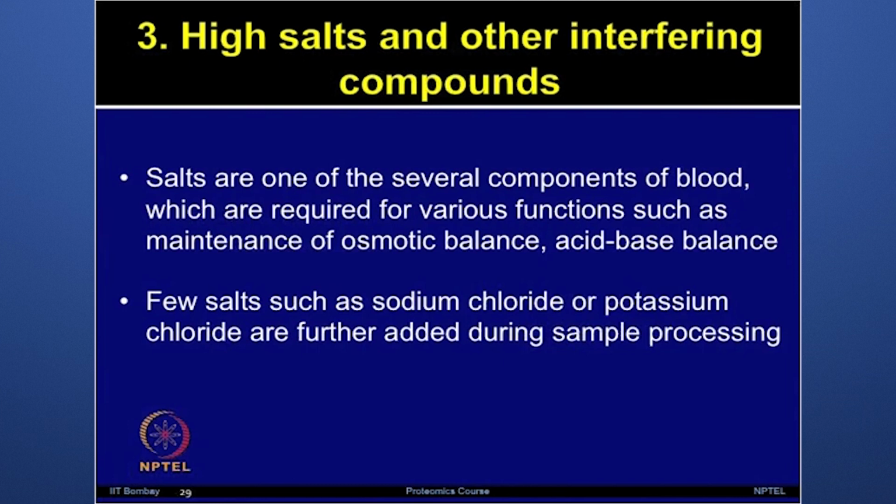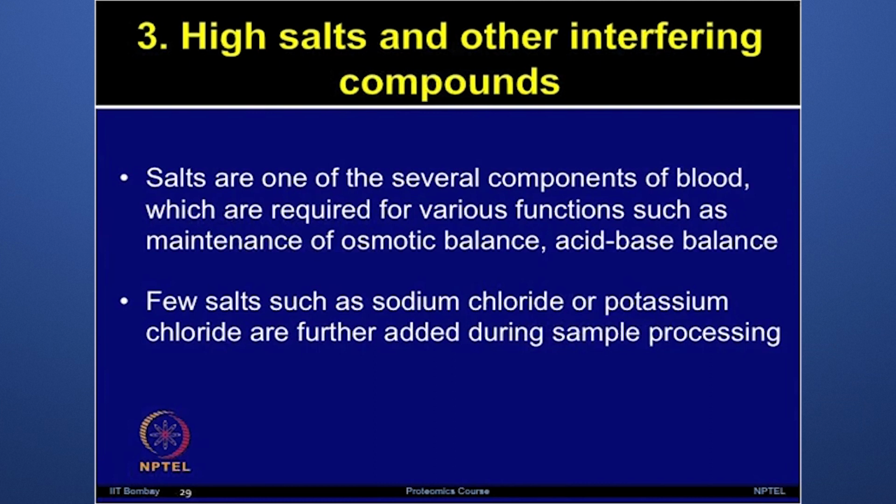Salts are present in the blood, and are required for various functions such as the maintenance of osmotic balance, acid base balance, etc. A few salts such as sodium chloride or potassium chloride are also added when you are processing the serum sample.